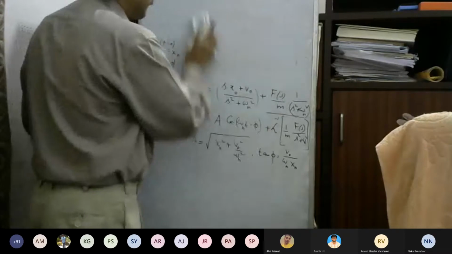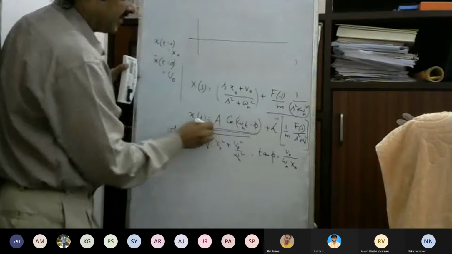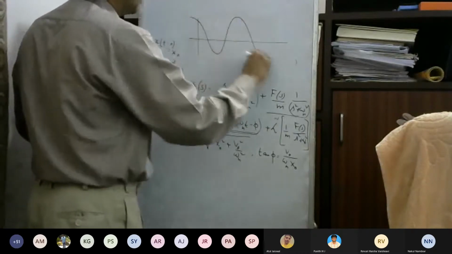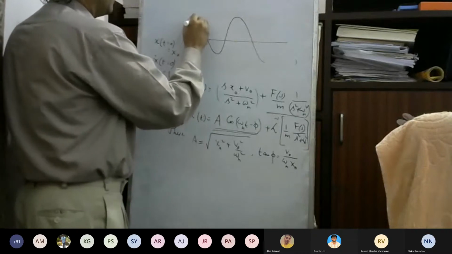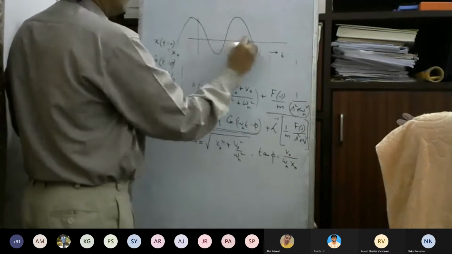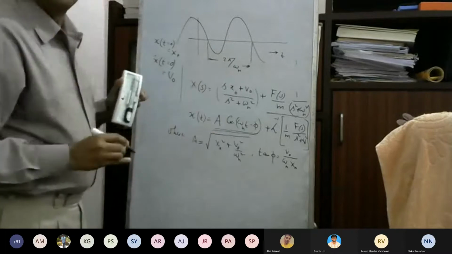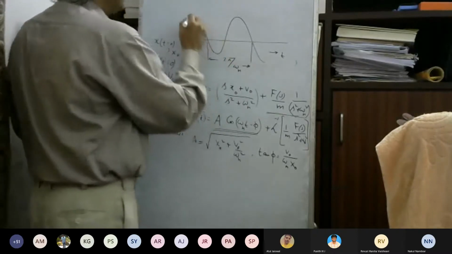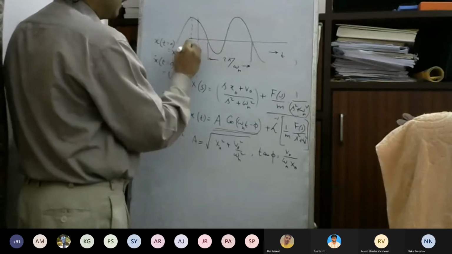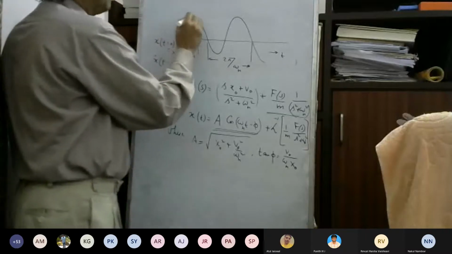So this part of the response, a cosine omega t, is something like this, where t and this will be 2 pi by omega n, 2 pi by omega n, and this part we can say will be equal to phi divided by omega n, where the amplitude actually becomes maximum.